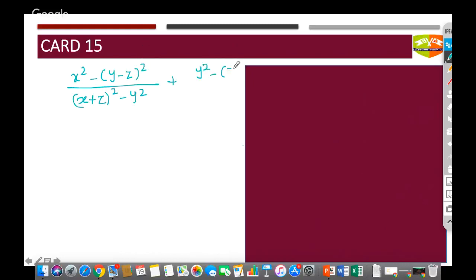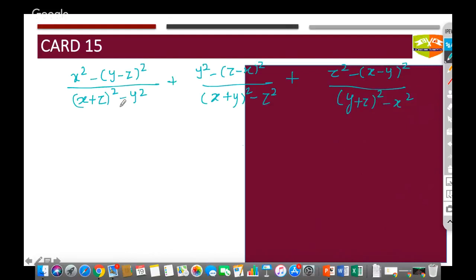So (y² − (z − x)²) / ((x + y)² − z²), and plus (z² − (x − y)²) / ((y + z)² − x²). Now how to do this kind of question?